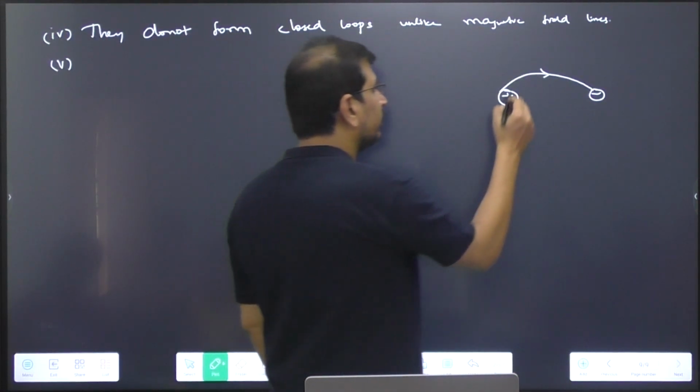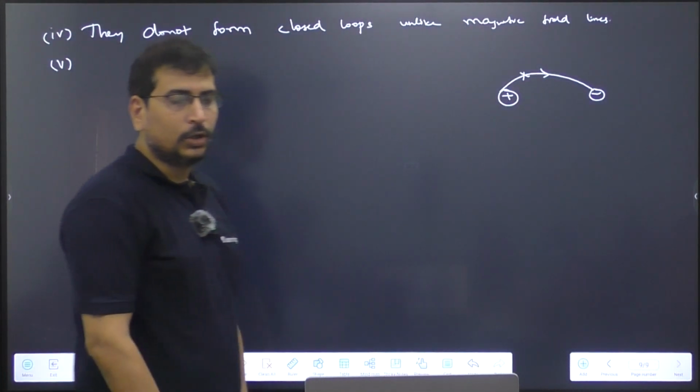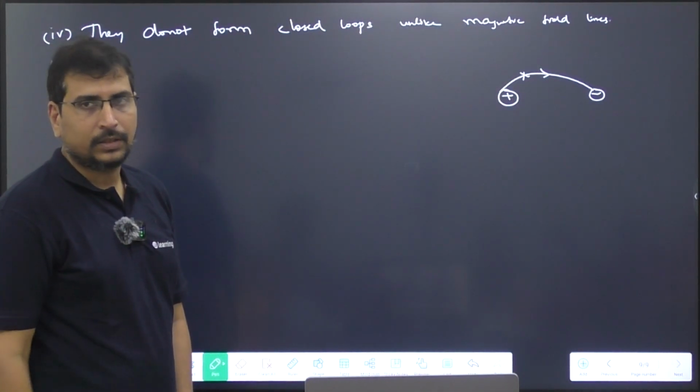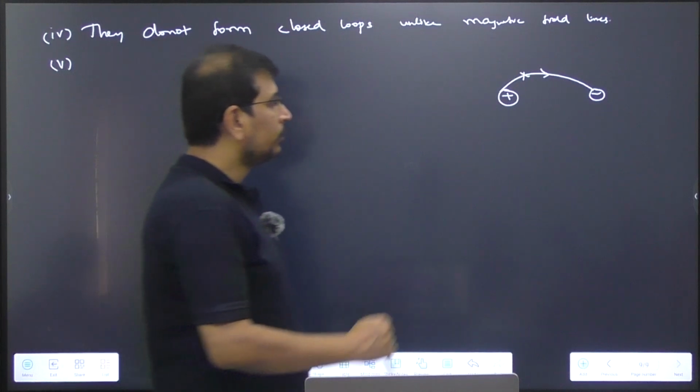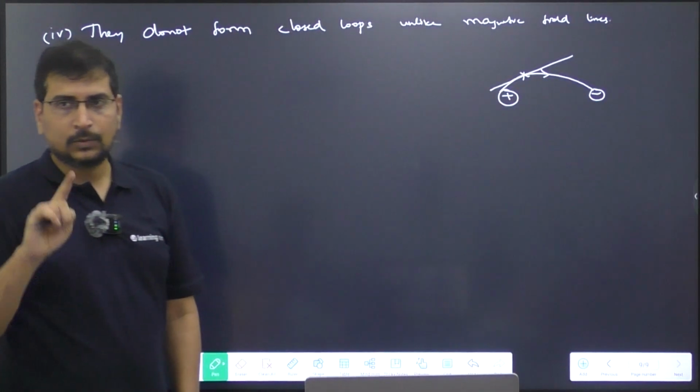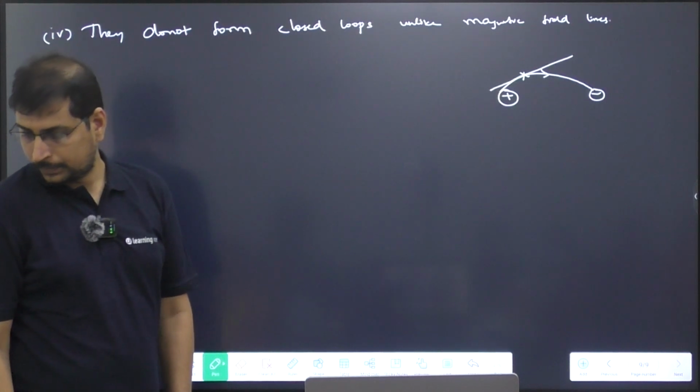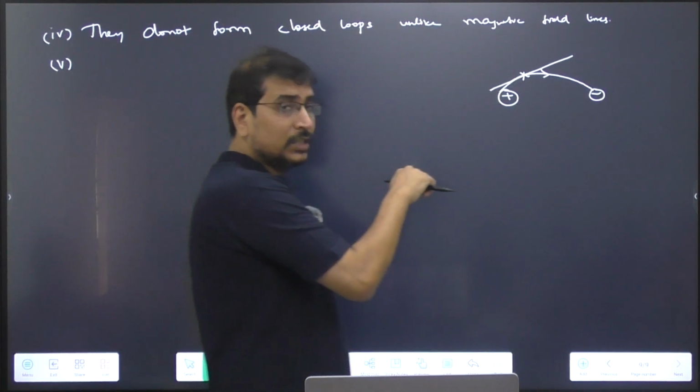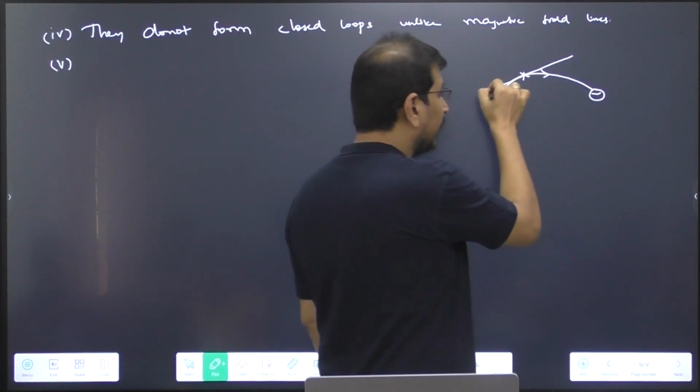What you need to do is, at that point, draw a tangent. But here is where the question comes. A tangent is a line which touches the curve at one point. That's what mathematics tells. Right? So how can the tangent give me the direction? Is it going to be in the rightward direction or leftward direction?